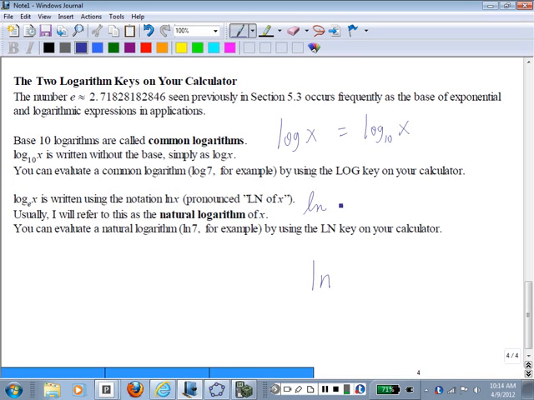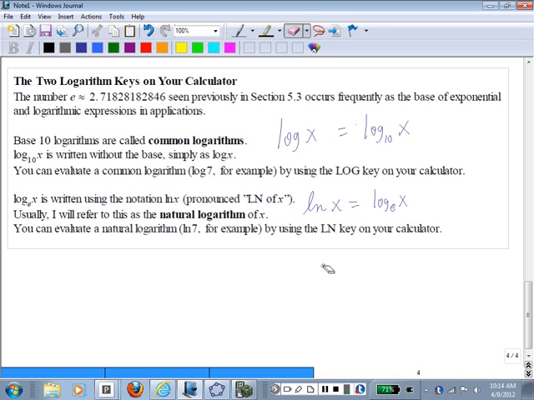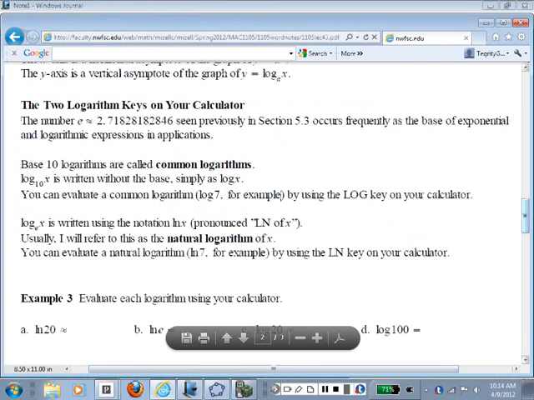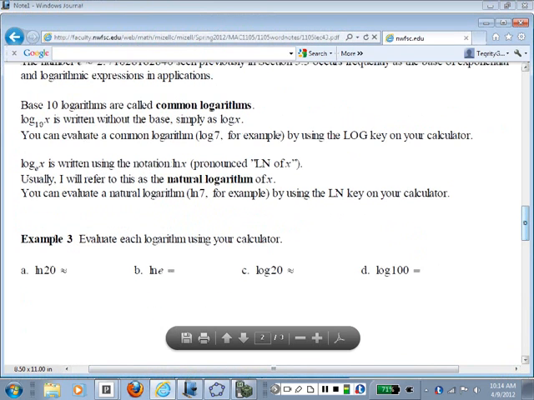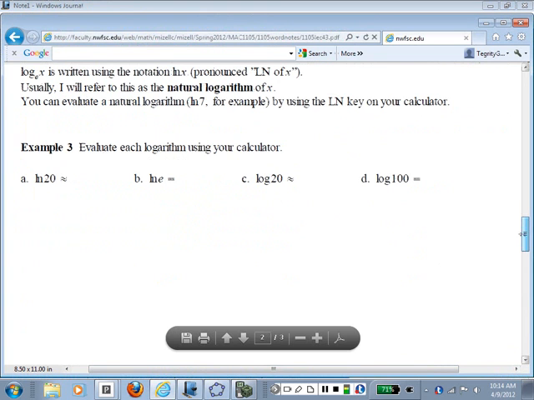Ln of x equals log base e of x. That's what that means. It's the power that the number e can be raised to get x as the answer. So just a calculator button punching exercise here in example 3.